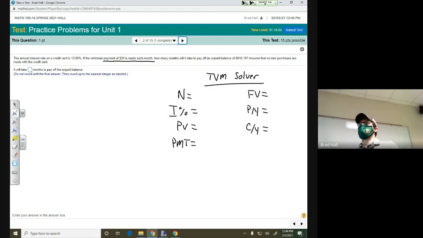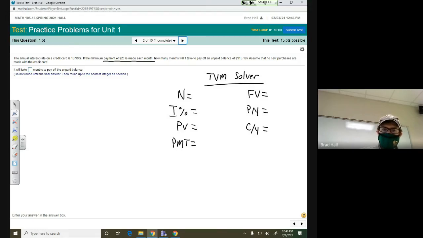So we go back to the 7 values for the TVM solver we talked about really in the last 2 class periods. Now we need to figure out which values go where.